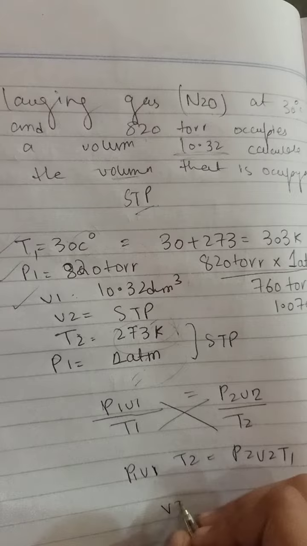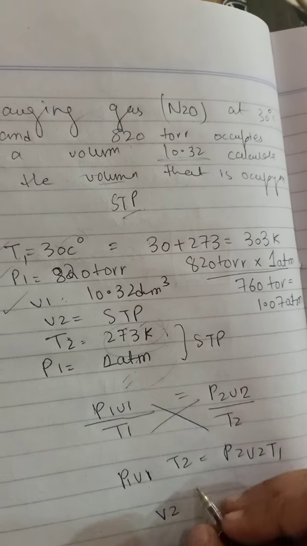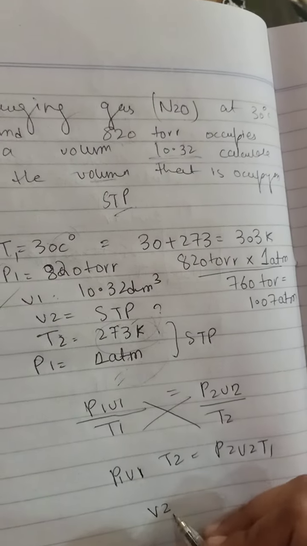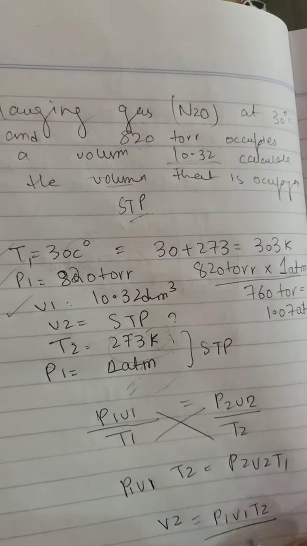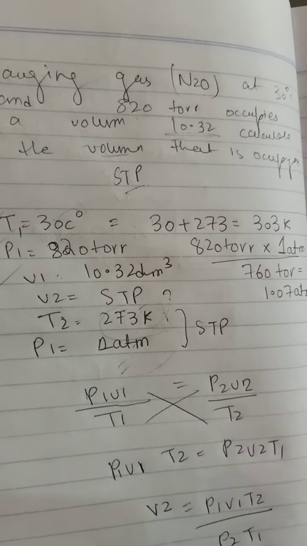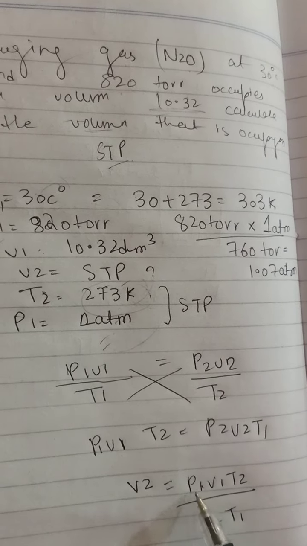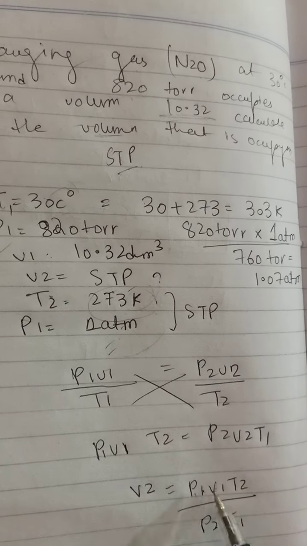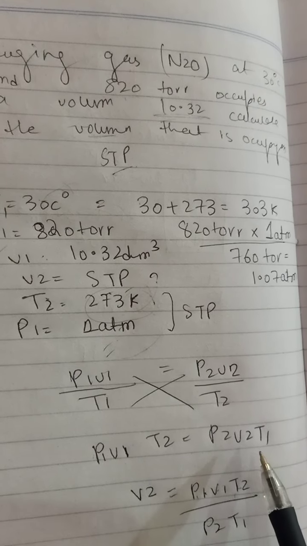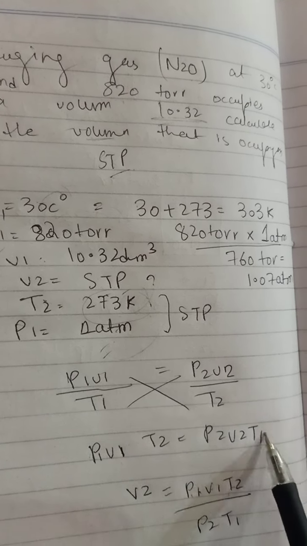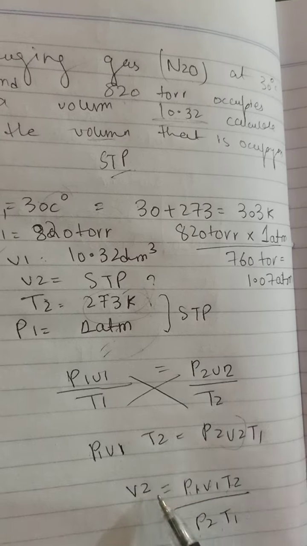We have to find volume number 2, so V2 is equal to P1V1T2 over P2T1.